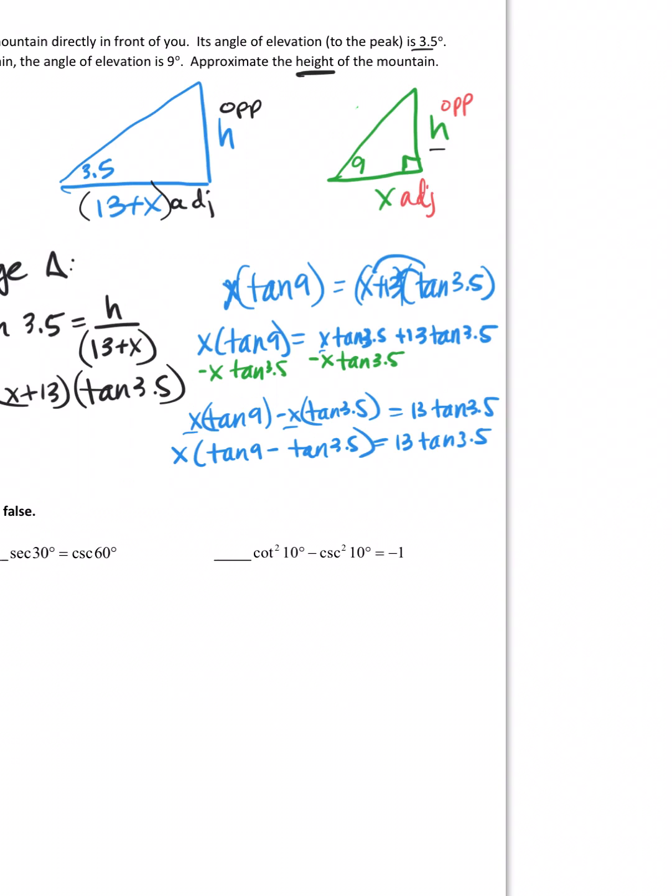You still with me? Now to solve for x, I need to divide by this guy, the tangent of 9 minus the tangent of 3.5 on both sides. Now I can put all of this in my calculator just the way it looks because this is a value, right? Tangent of 3.5 is a number times 13. This is a number minus another number.